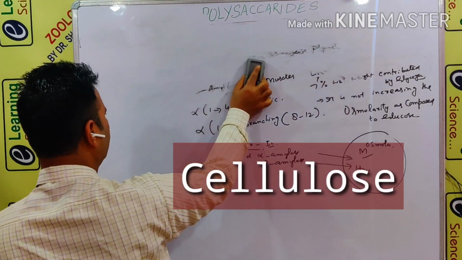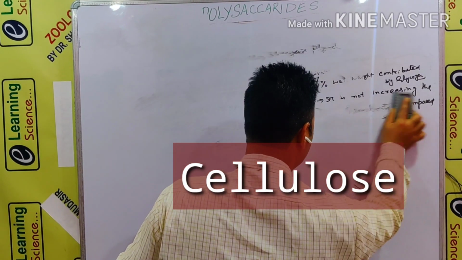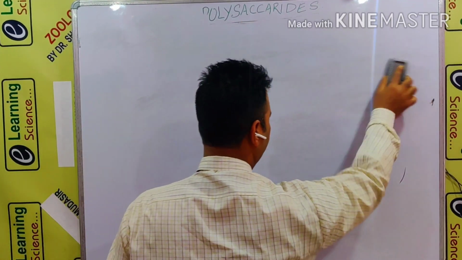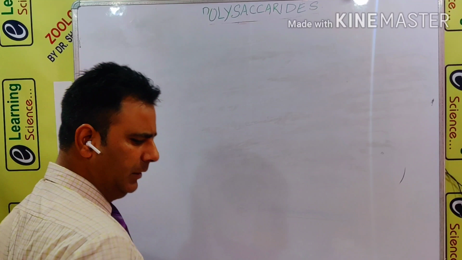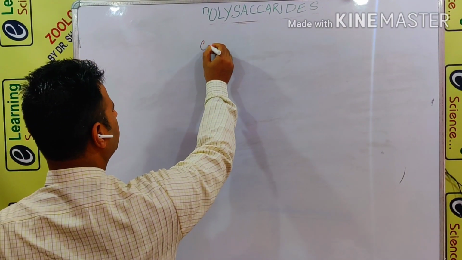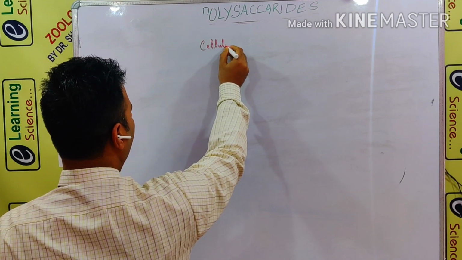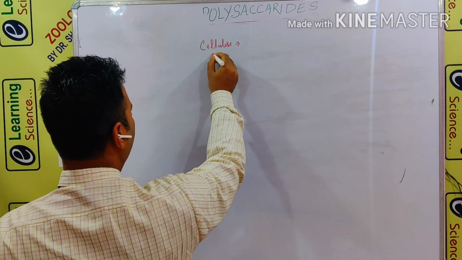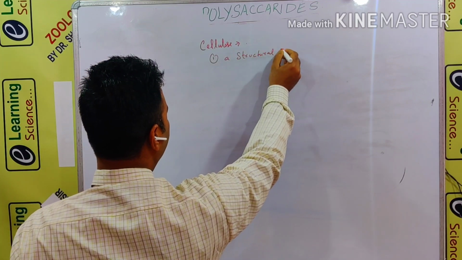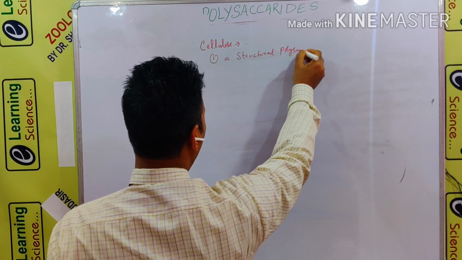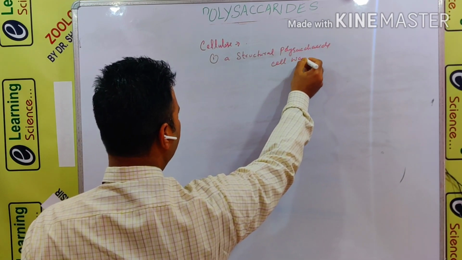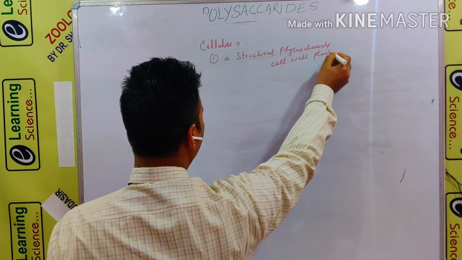Then we have one more thing which we call cellulose. See, glycogen was a storage polysaccharide because it was stored in our body. But cellulose is a structural polysaccharide. And you know it is a component of the cell wall of plants.